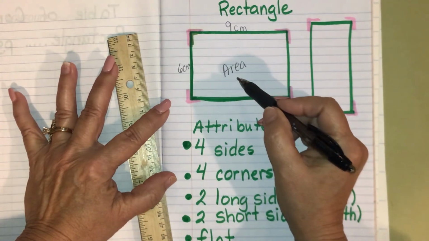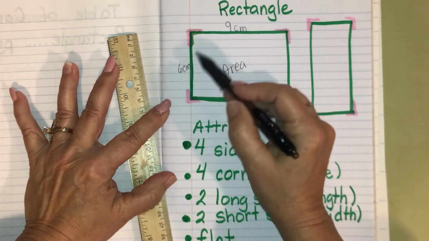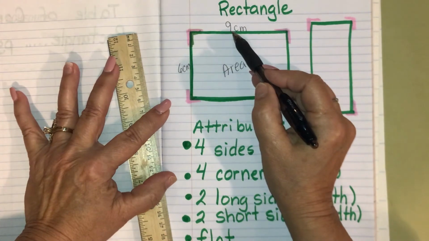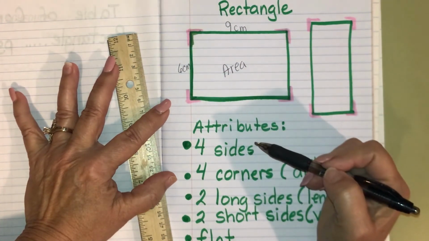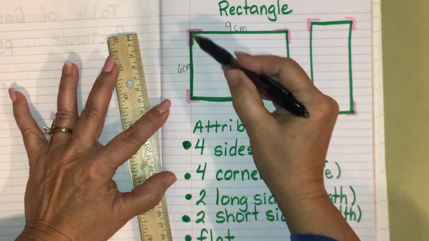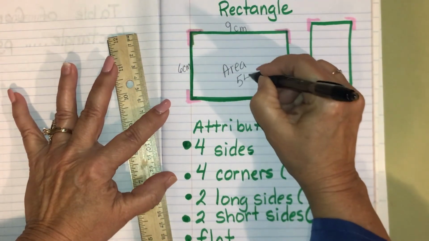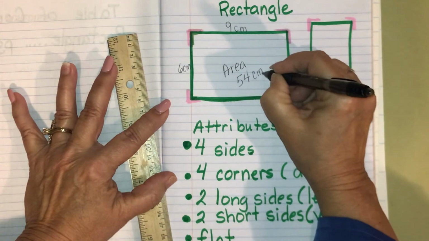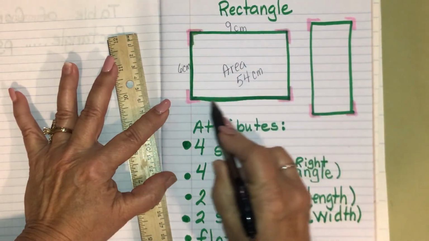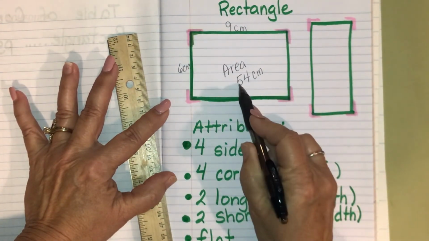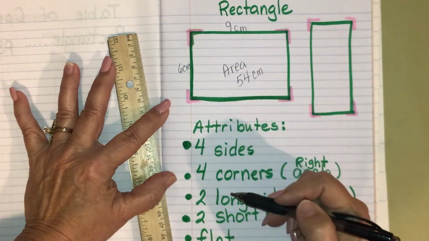and we're going to figure out the area by multiplying. 6 times 9 equals 54. So this area right here is 54 centimeters big. That means the whole space in here is actually 54 centimeters big.